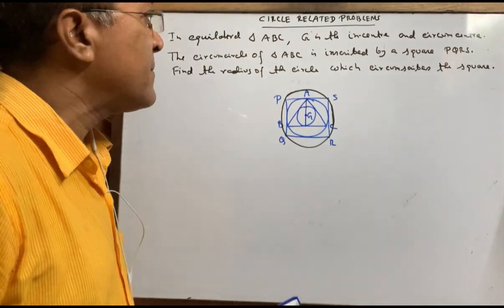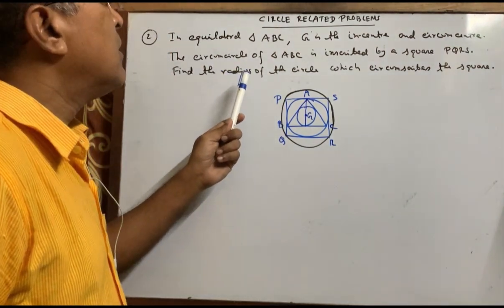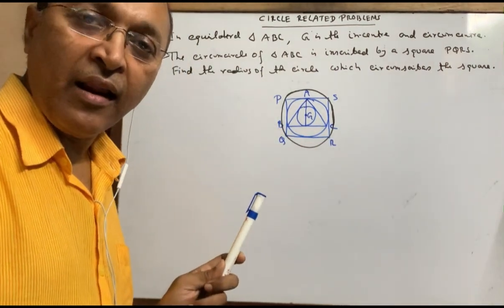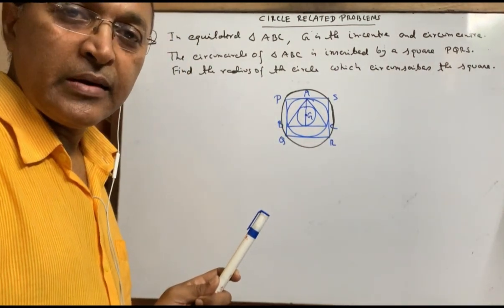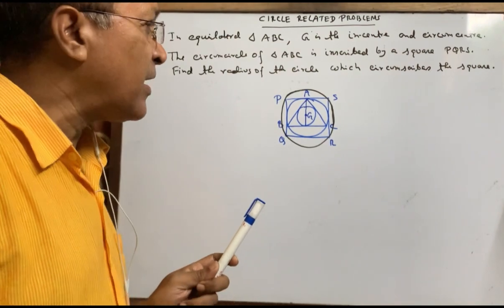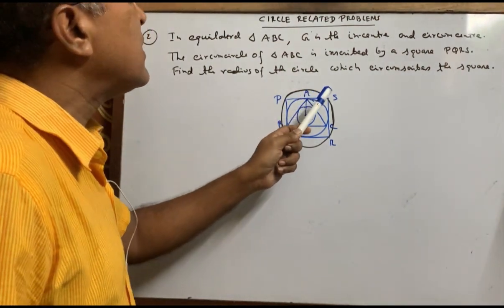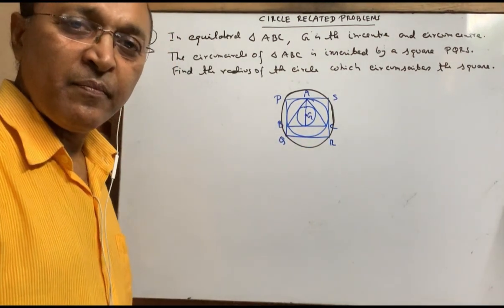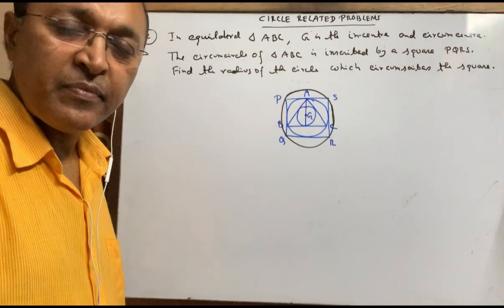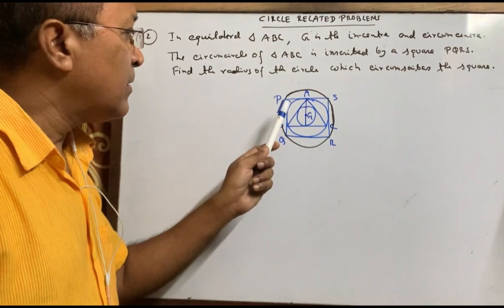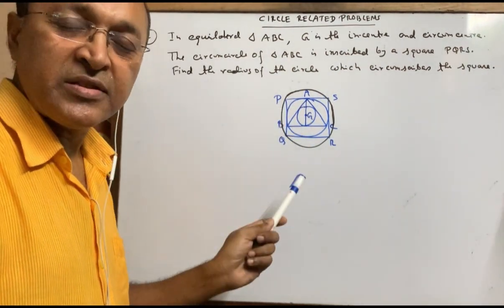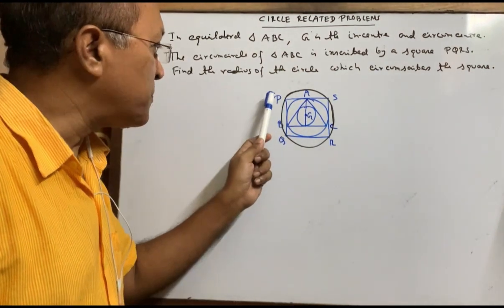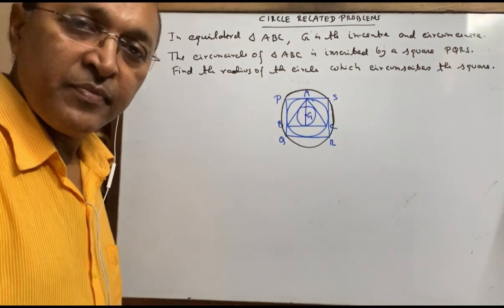Next, the circumcircle of triangle ABC is being inscribed by a square PQRS, means the square PQRS circumscribes the circle. Here it is PQRS.